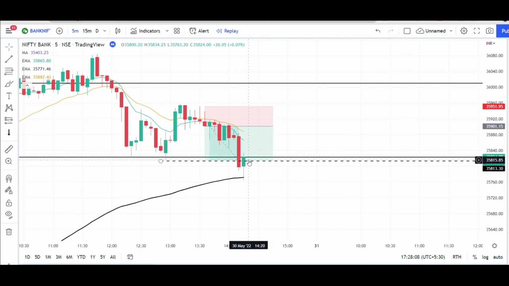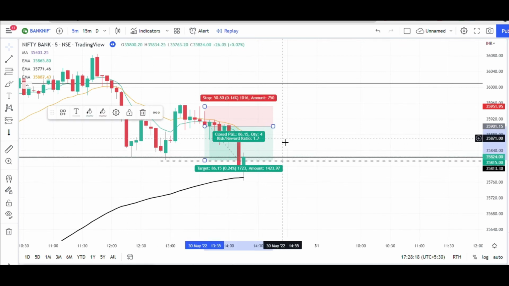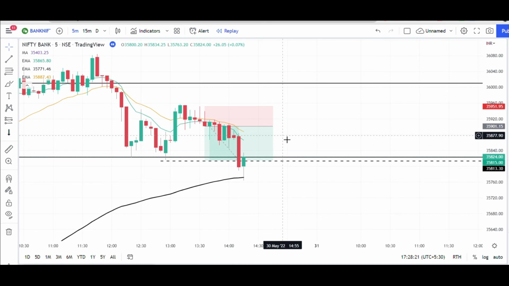And now if anyone can see here, this swing low is broken by this candle. But if you want to enter, let me first tell you. Scenario 1 was here.